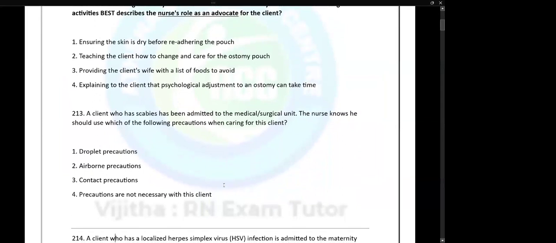Next question. A client with scabies has been admitted to the medical surgical unit. The nurse knows she should use which of the following precautions? What is the precaution to be taken for a client with scabies?